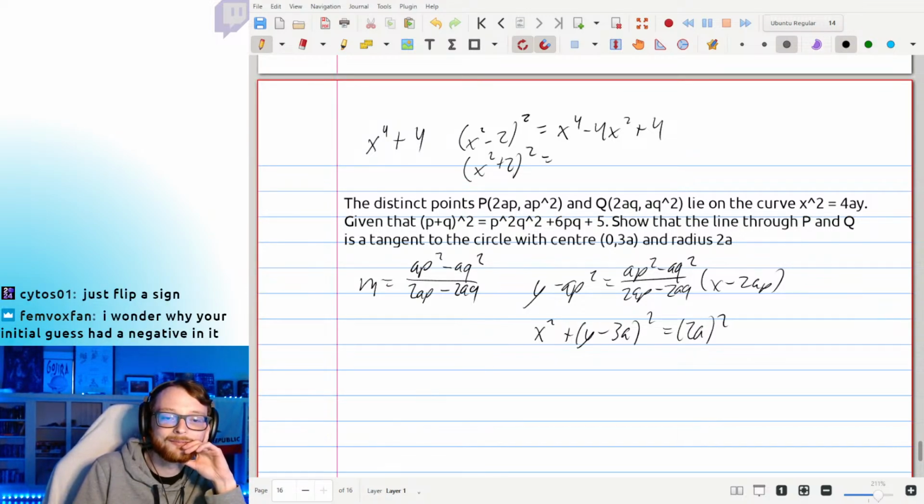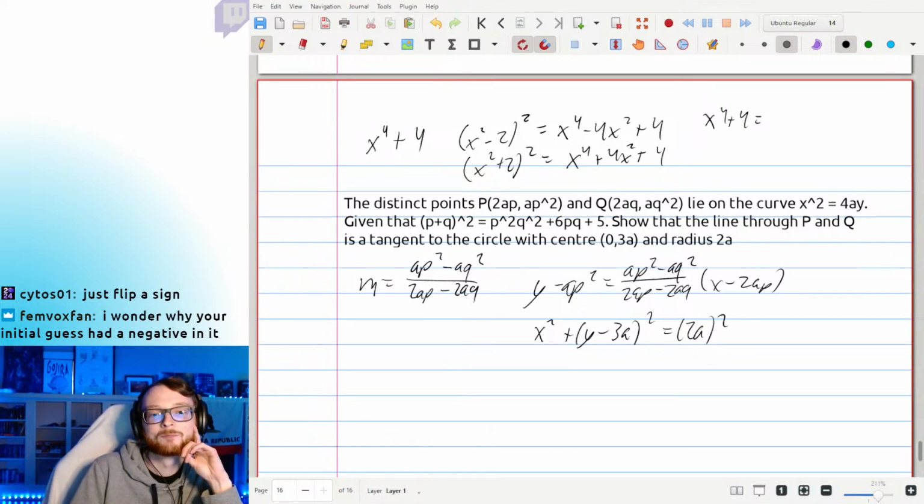It's this? Don't we get a plus 4x squared? Oh, oh. Because you get that, and then you add these two things together? Is that it? Then that doesn't really factor though, does it?